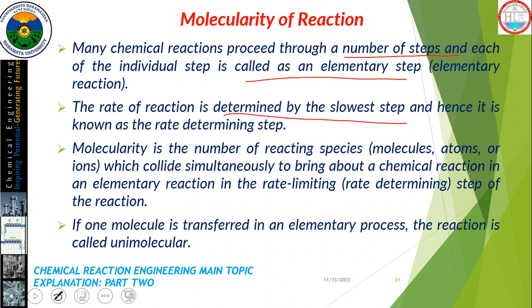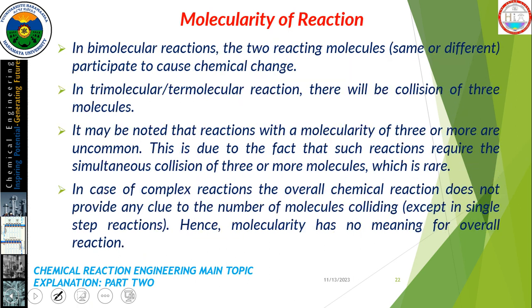If one molecule is transferred in an elementary process, the reaction is called unimolecular. Normally, unimolecular means one molecule of the substance is transferred. If it is two, bimolecular. If it is three, trimolecular. It may be noted that reactions with a molecularity of 3 or more are uncommon.